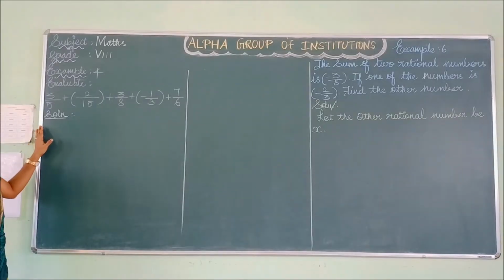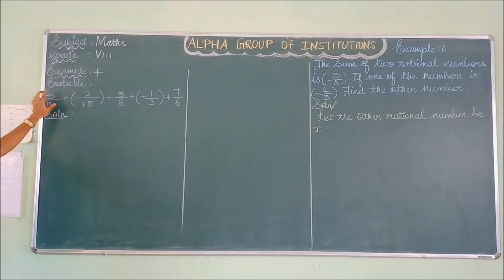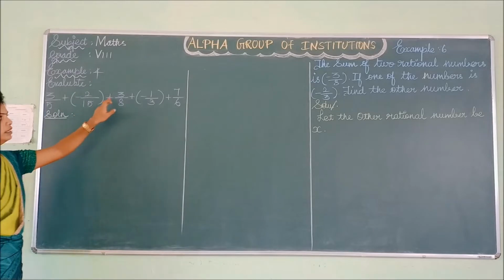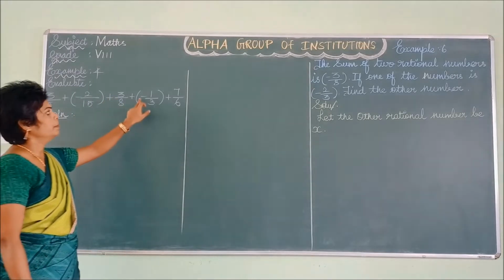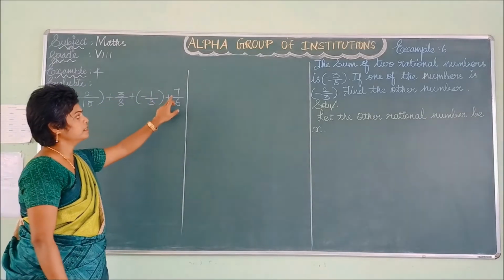Now we are going to see examples for these properties. So listen, what is the question here? Evaluate 3 by 5 plus minus 2 by 15 plus 3 by 8 plus minus 1 by 3 plus 7 by 6.